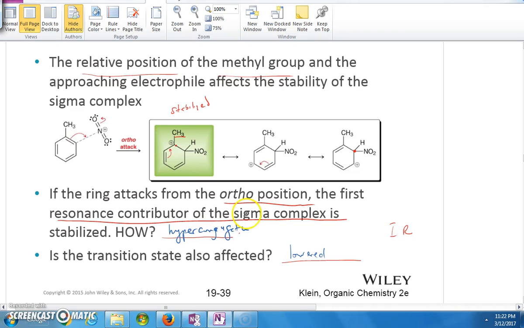You can see that the positive charge is connected to the alkyl group, and of course, alkyl groups are electron releasing. It releases electron density to the positive charge on the carbon. As a result of the stabilization of this intermediate, the transition state will be lowered significantly, and that gets the activation energy much lower and gets the reaction going in the forward direction.